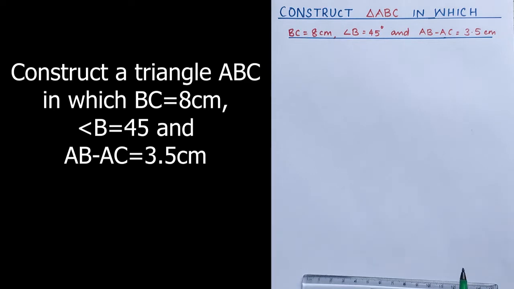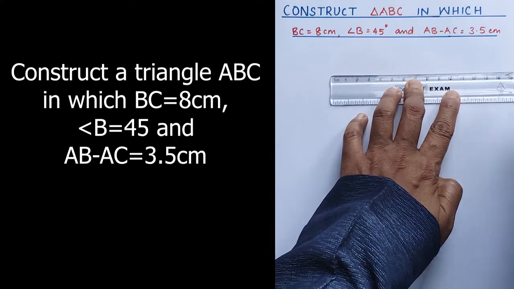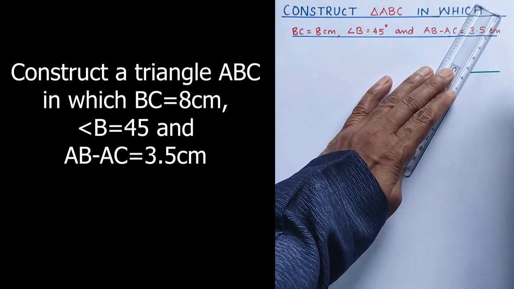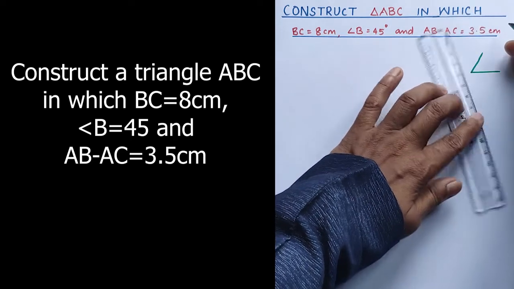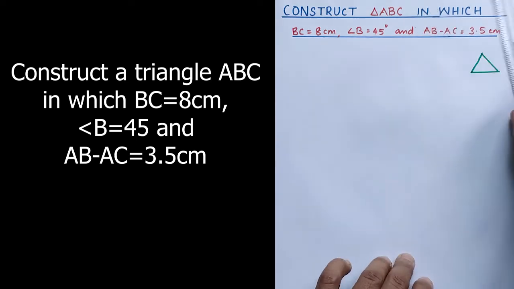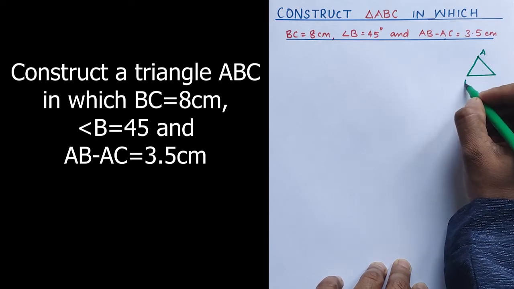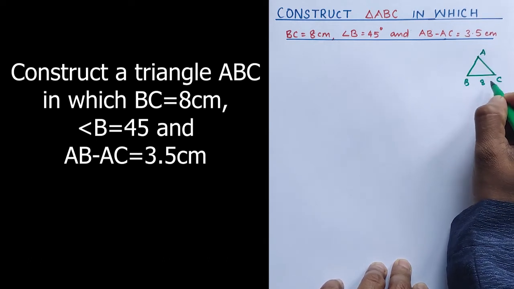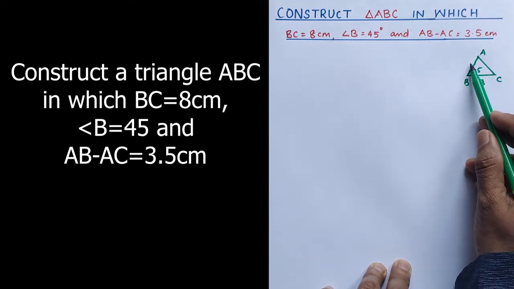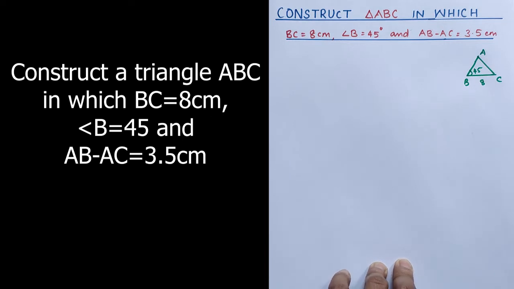If we draw a rough figure, we will get a figure like this. Name of the triangle is ABC, base length 8 centimeter is given and angle B equal to 45 degree and the difference between the other two sides is 3.5 centimeter.